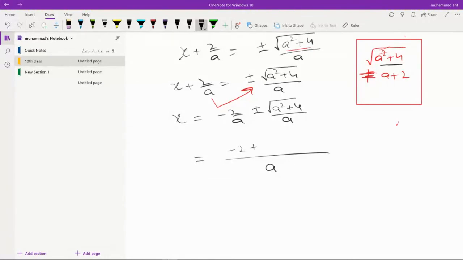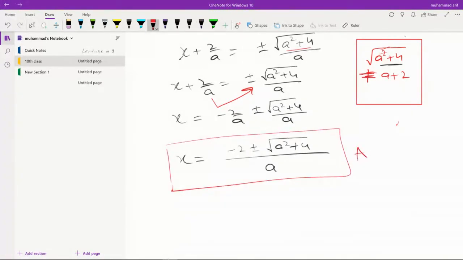Minus 2 plus minus square root of a square plus 4 by a. This is our final answer or solution set.